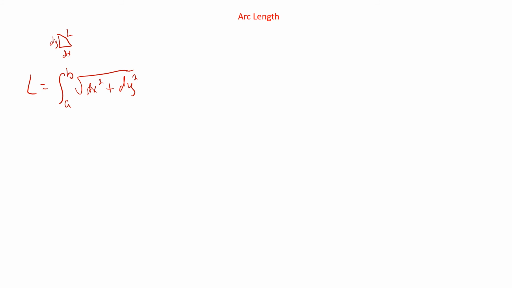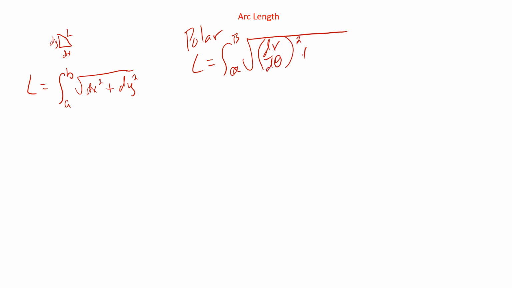So for polar, what we get is the arc length is going to equal the integral from a to b, or probably alpha to beta, because we label our angles with Greek letters. We're going to have the square root of (dx over d theta) squared plus (dy over d theta) squared.